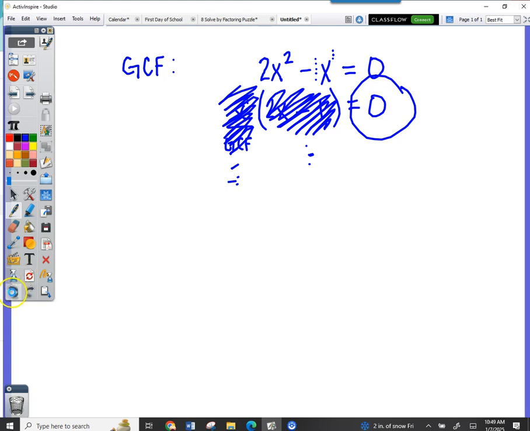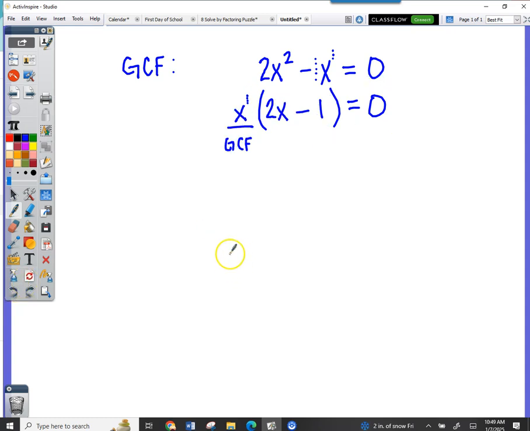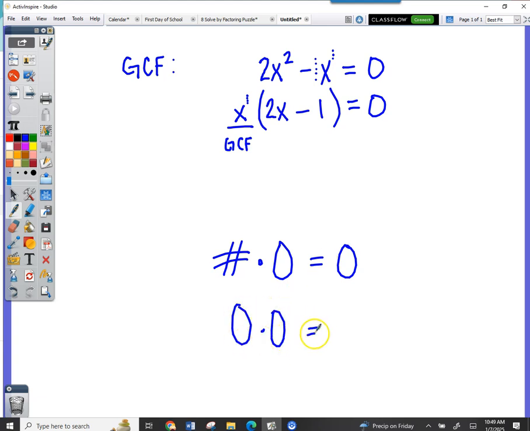Zero's got to be in there somewhere, right? Any number times 0 is what? 0. Every time, every day, all day. And what is 0 times 0? 0.